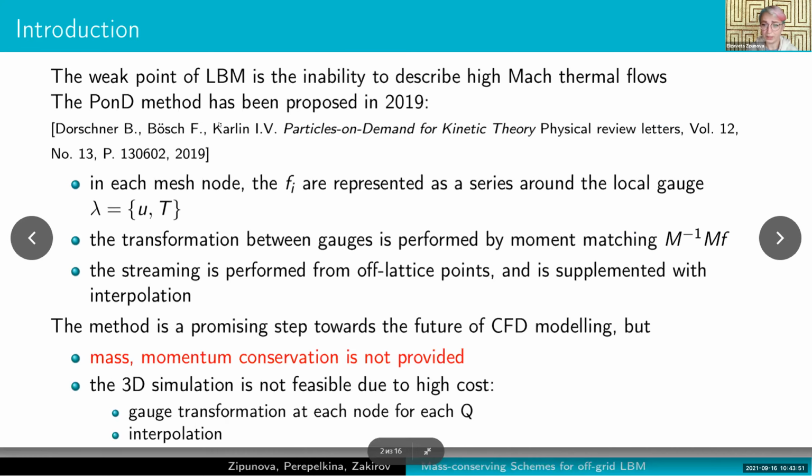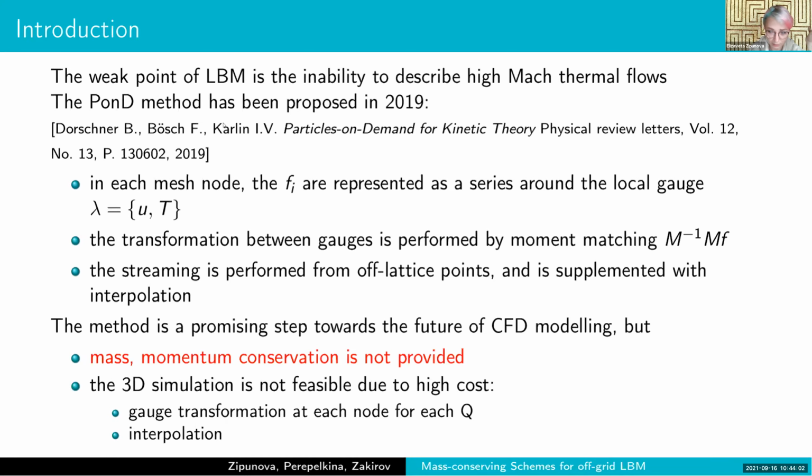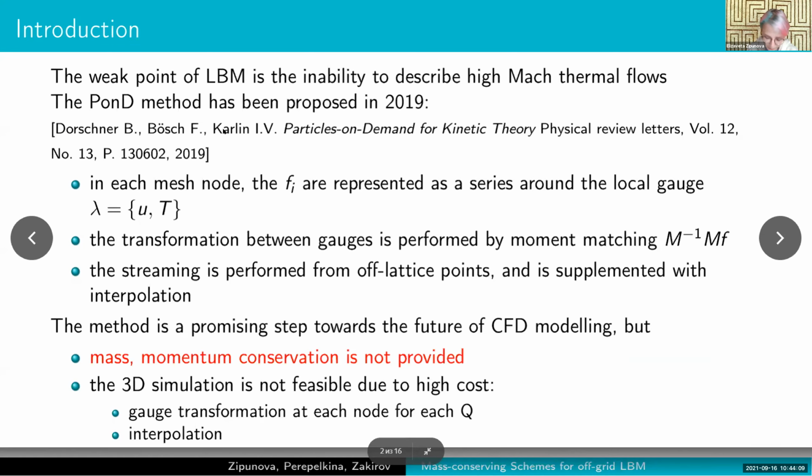In this method, in each mesh node, the discrete distribution functions are represented as a series around the local gauge. The gauge is determined by the velocity and temperature. The transformation between gauges is performed by moment matching.